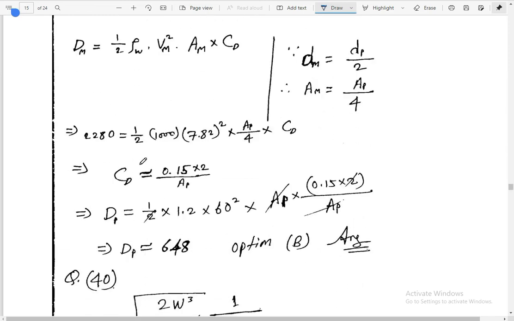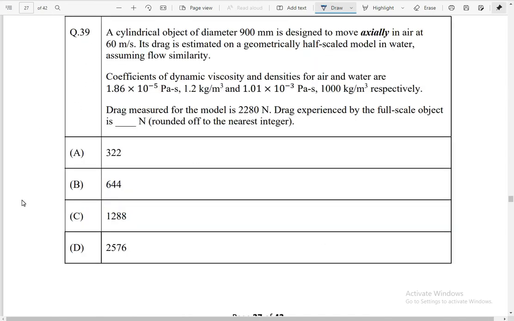Just put the model values and from this equation we can find the drag coefficient. Once we have the drag coefficient, just apply the formula for drag of the prototype, and we will get 648 for the prototype drag. 648, here is 644, it is near to 644, right? So option B is the right option.